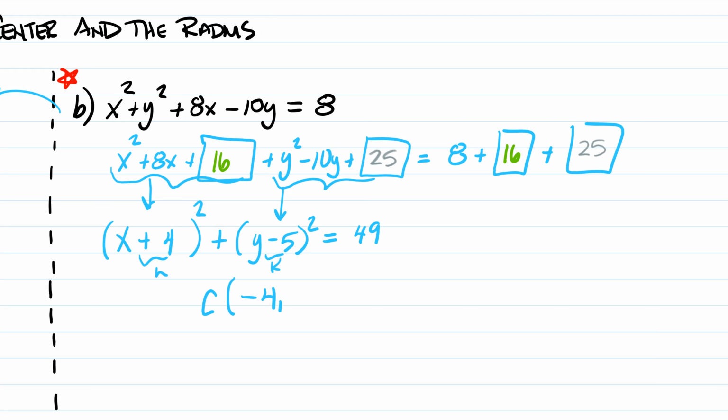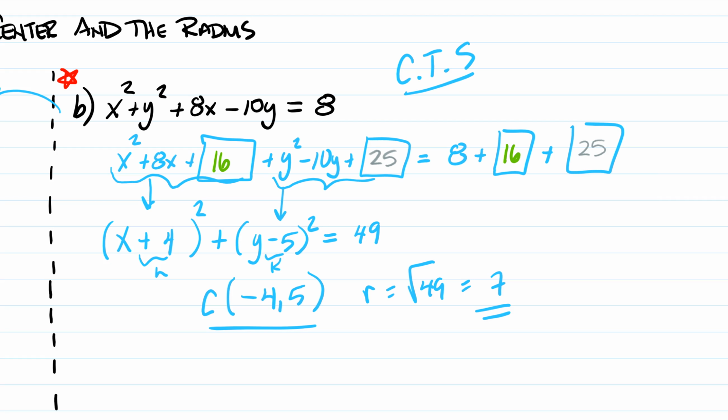So it's going to be -4, 5, and my radius is going to be the square root of 49 or the number 7. Okay, so again, this is called completing the square, so CTS, and it's a process by which you can determine the center and the radius of a circle given the information presented this way.